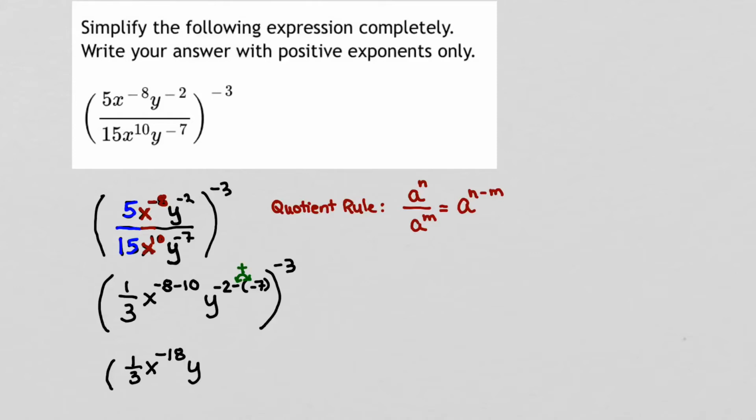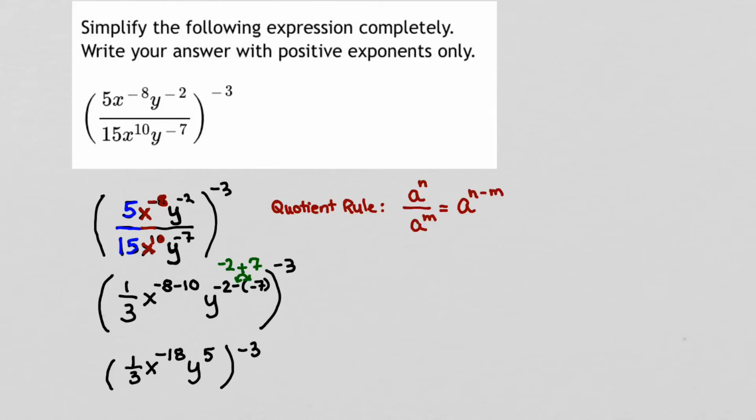So I have y to the negative 2 plus 7, and negative 2 plus 7 is just 5, and so that gives me y to the 5, all raised to the negative 3. So far all I've done is reduce a fraction, and apply the quotient rule to both the x variable and the y variable. But now I have a much simpler expression to work with.